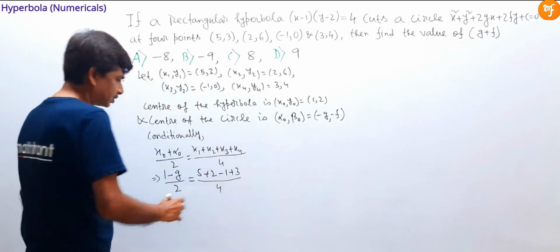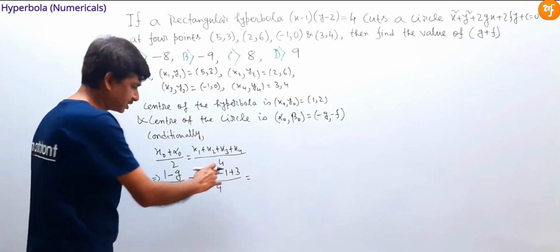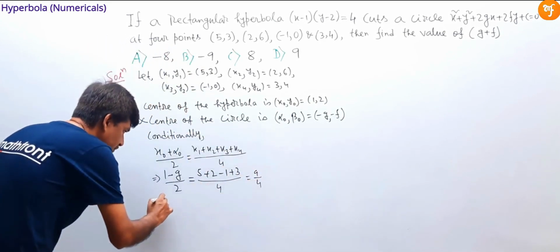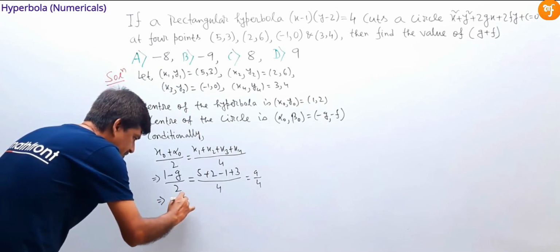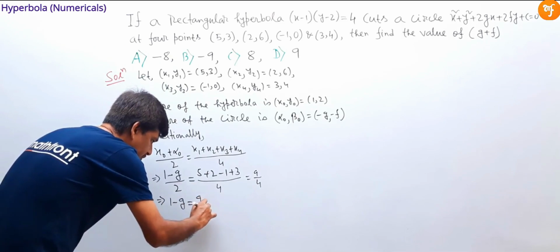Clear? So we can simplify this as 5 plus 2 is 7, plus 3 is 10, minus 1 is 9. So this is 9 by 4. So we can write (1 minus g) is equal to 9 by 2.